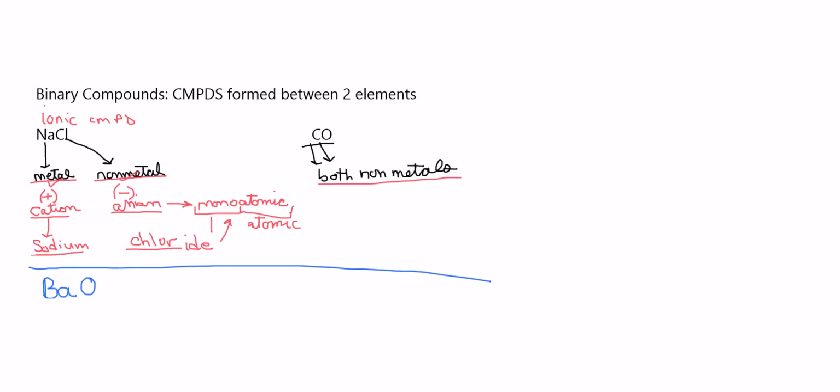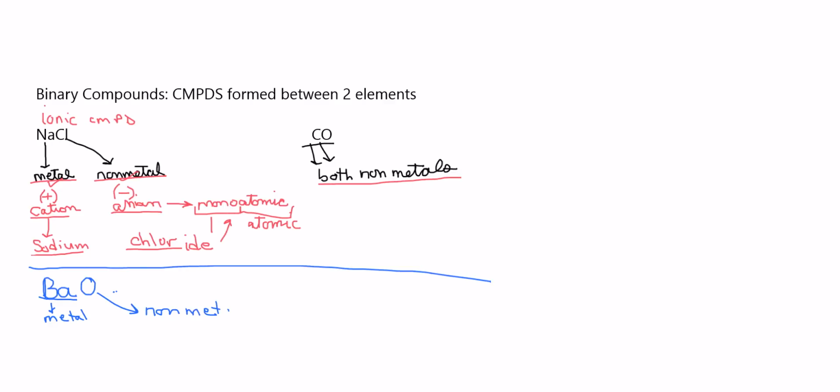Learn something new. Okay. So you noticed barium is on the metal side of the periodic table. So we know that this is a metal. We know that the oxygen is a nonmetal. And that tells us how to name the compound.